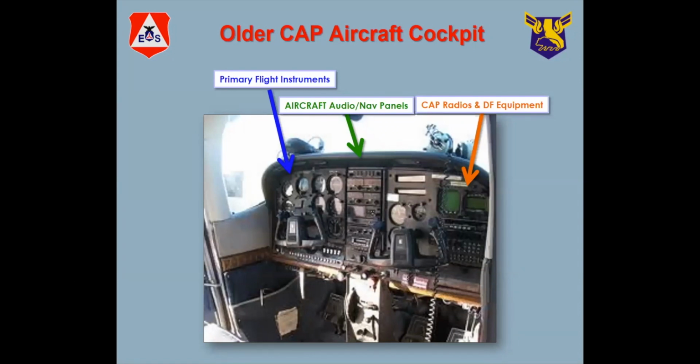In the middle, yeah, everything's labeled, but your primary flight instruments, your aircraft navigation radio panels, and your CAP communications and navigation panels are on the extreme right side. And that's very typical of the aircraft. For those of you who are here on Maui and several other places too, I don't know what airplane the Wheeler has.